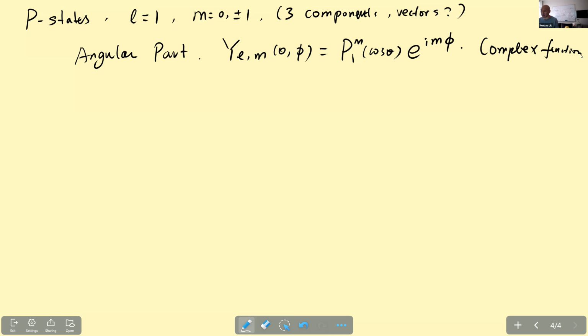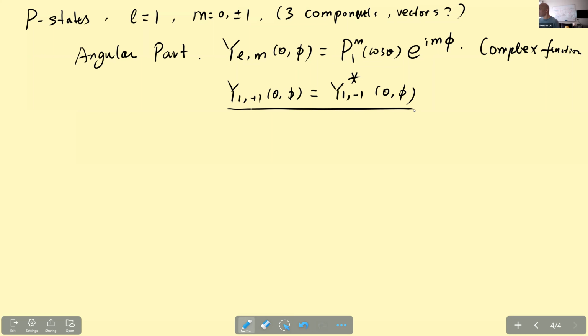It's already very difficult to show the wave function in 3-dimensional space, and then what can we do if it's a complex number, okay? But remember, Y_1,+1(theta, phi) actually equals to Y_1,-1(theta, phi) taking the complex conjugate. So that means these 2 states actually are complex conjugates of each other.